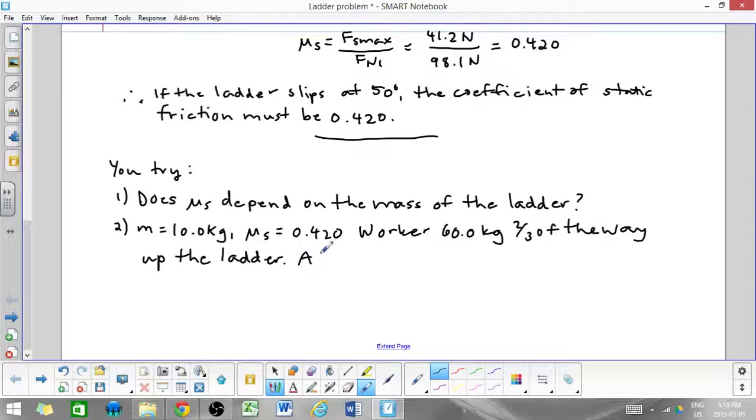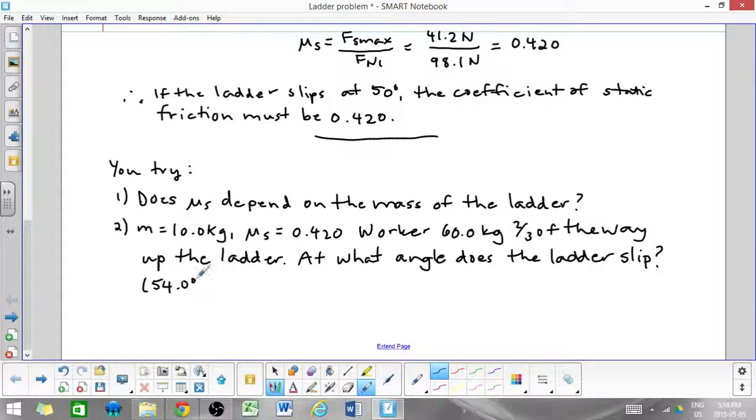At what angle does the ladder slip? Let me know if you get 54.0 degrees for that. Good luck!